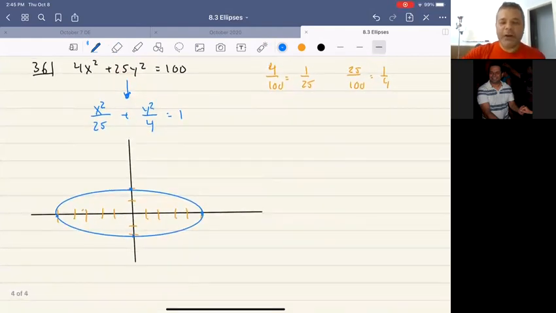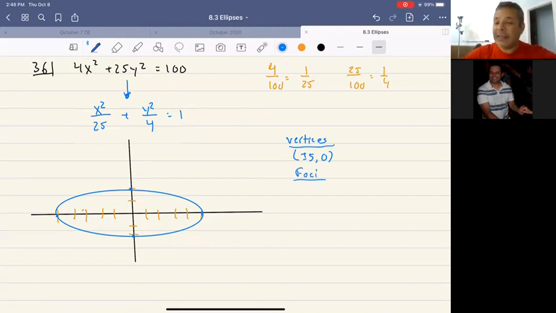Sorry, back to this one. Where are our vertices? Again, our vertices are on the longer axes. So here our vertices are at plus or minus 5, 0. Whereas our foci, we need to find those.